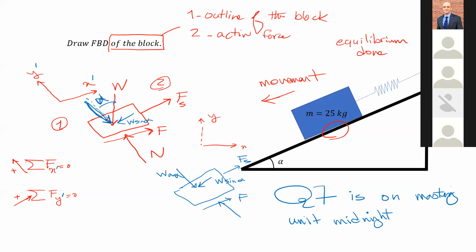But if you don't have a conflict, please get to it and do it. I think you have 20 minutes on the timer, but you shouldn't need more than 10 to 12 minutes. It's one problem. So Quiz 7 is on Mastering until midnight tonight. Get it done. Any issues or questions, let me know. Otherwise, I'll see you on Wednesday. You guys are good to go.